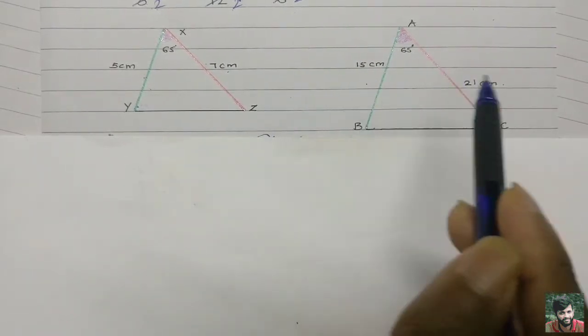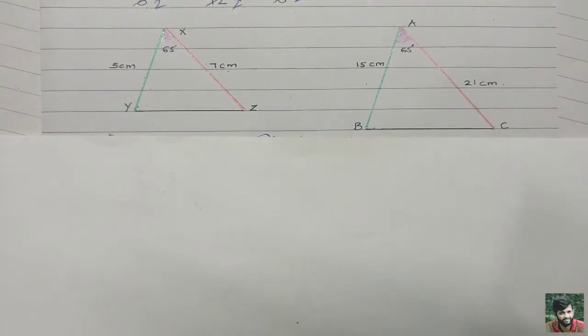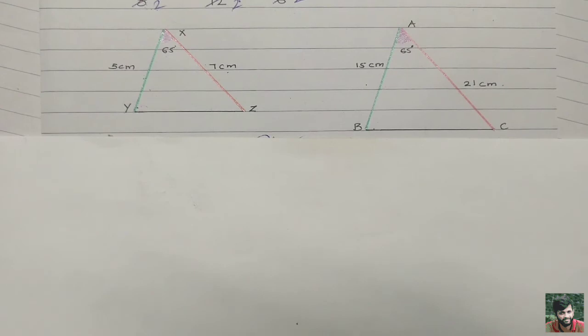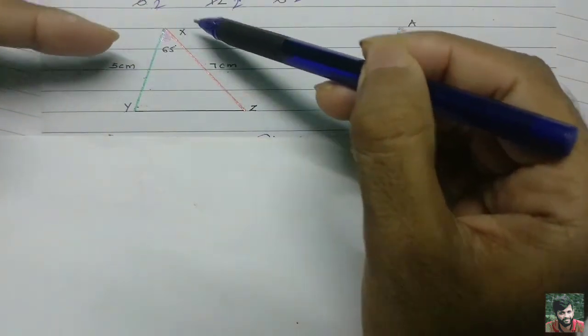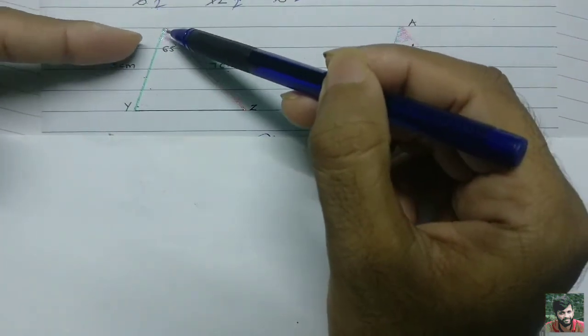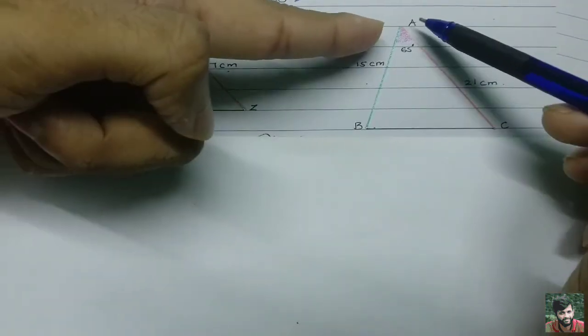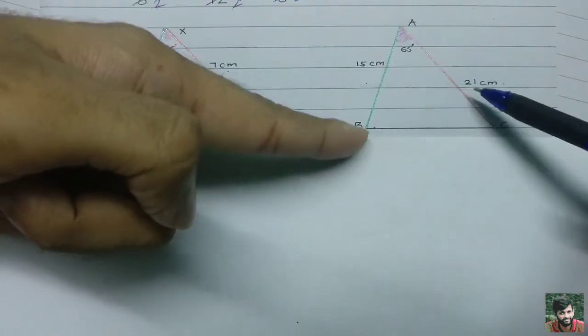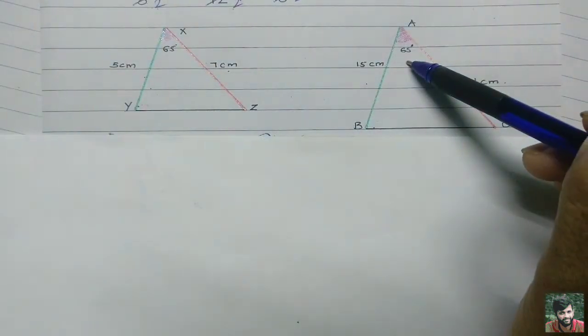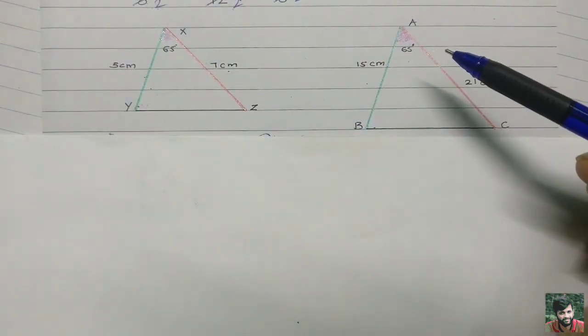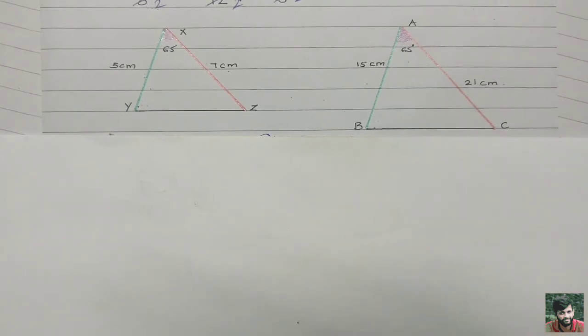Then only we say that these triangles are similar by SAS similarity test. Similarly, these two sides and the angle contained in them. Then only we can say triangles are similar by SAS similarity test.